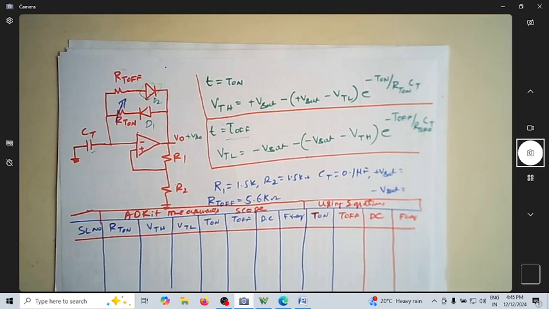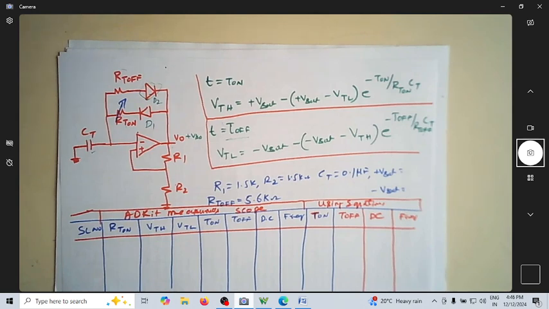The off resistance is fixed, which is 5.6k. The on resistance I'll vary. So I'm just doing the same connection here.